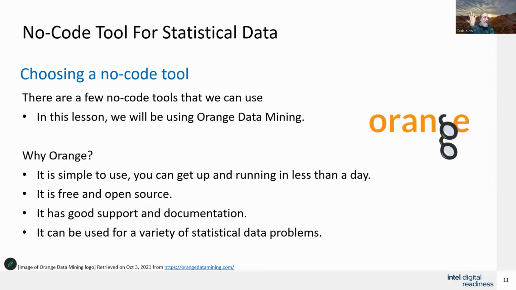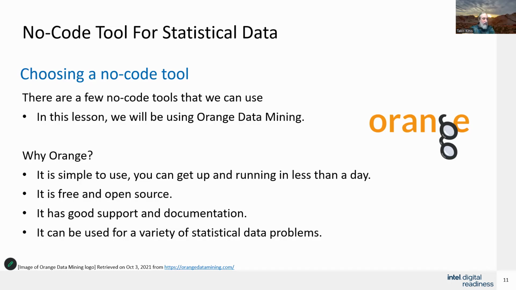All right, there's a lot of different tools out there. Which one do you use, right? And often, if you go work for an organization, they're going to say, this is what we use. Why? Well, this is the one we could afford, or this is the one someone told us to use, or we've been using this one all along, or whatever the thing is. But if you're choosing from scratch, there are a lot of options. Now, we're going to show you this tool, Orange.